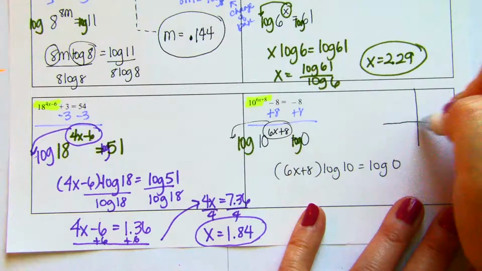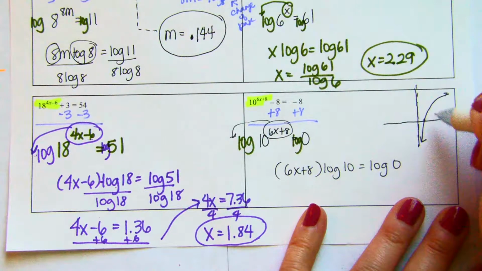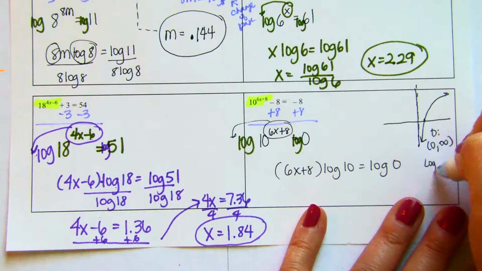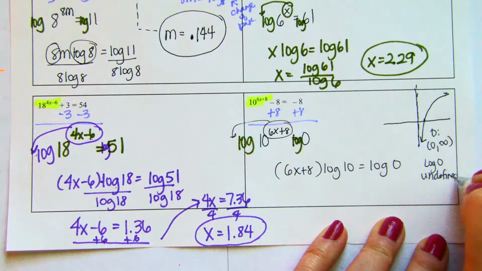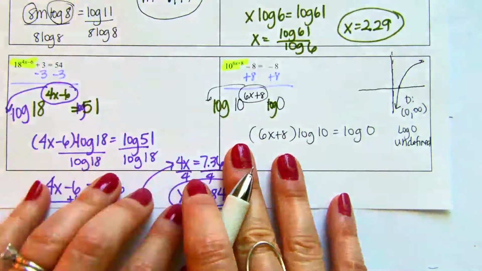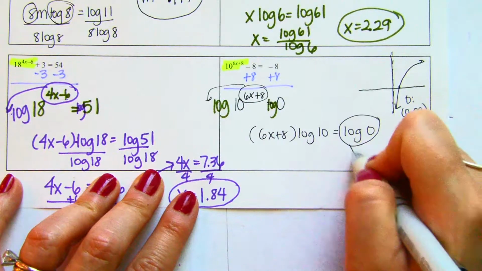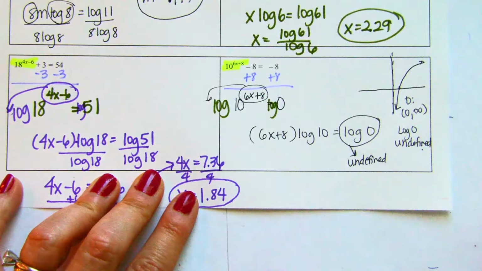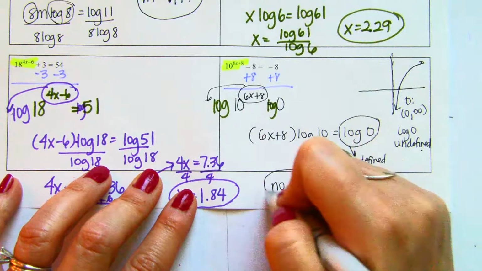You guys know that the log function has a domain of 0 to infinity. Log of 0 is actually undefined because 0 is not in the domain, which means this right here is undefined. So there is no solution.